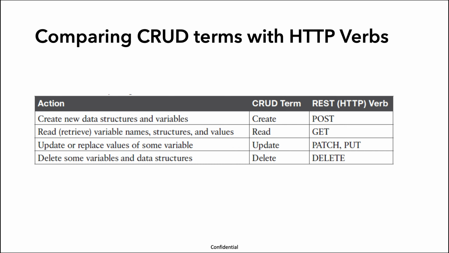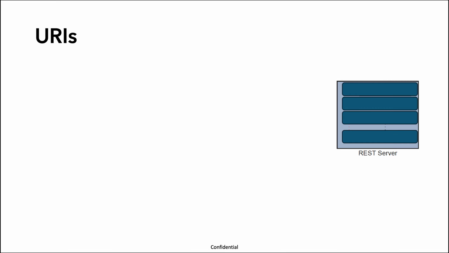So I hope this comparison is clear for you guys. So with that, let's move on to another topic, URIs. In addition to using HTTP verbs to perform the CRUD action for an application, REST uses URIs to identify what resource the HTTP request acts on.